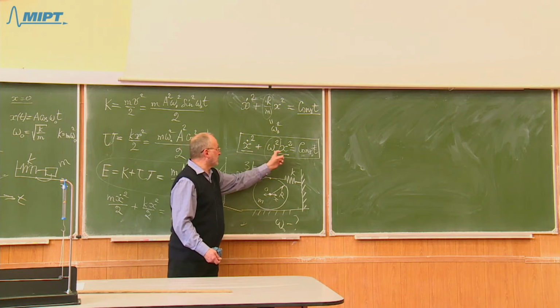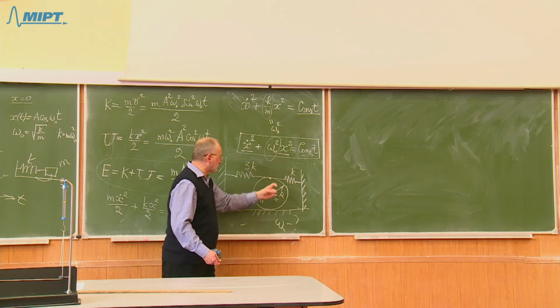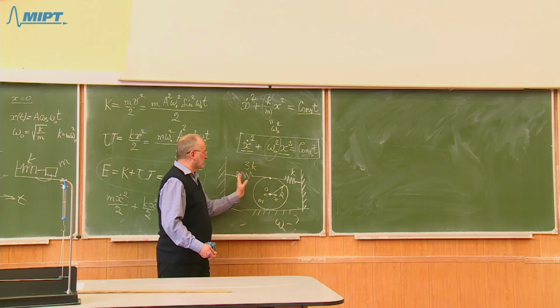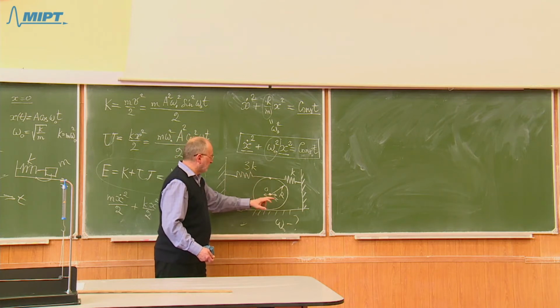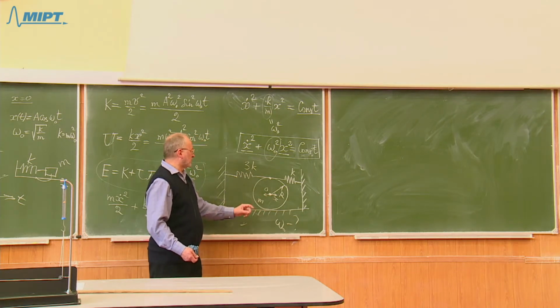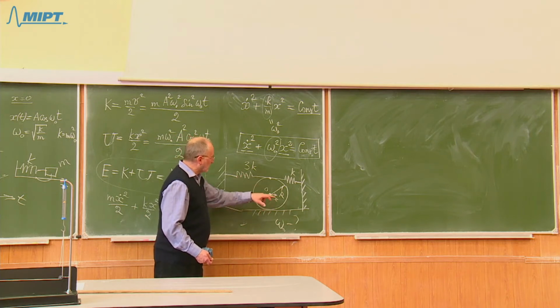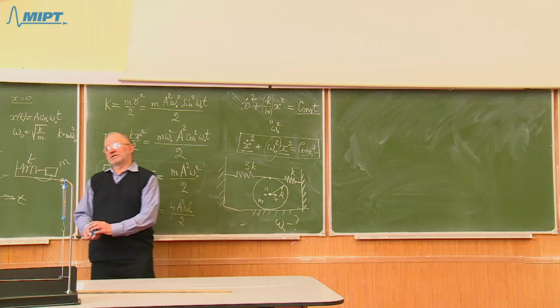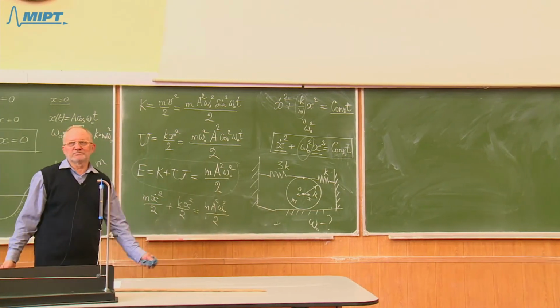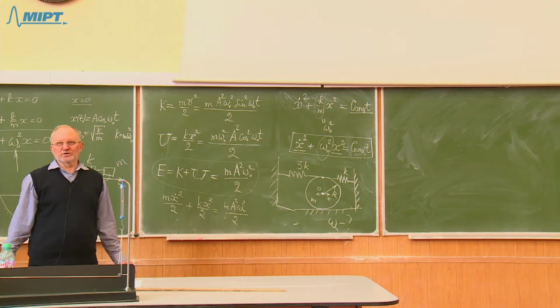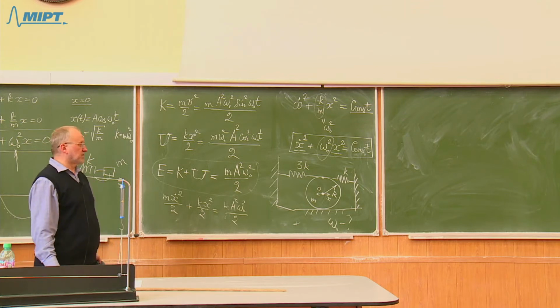For both kinetic and potential energies, you will have to use the same coordinate. Whatever expression you use, you will have to express the potential energy and kinetic energy using the same coordinate x. That's the only difficulty in this problem, the geometrical difficulty. It's not physics, actually. It's geometry.